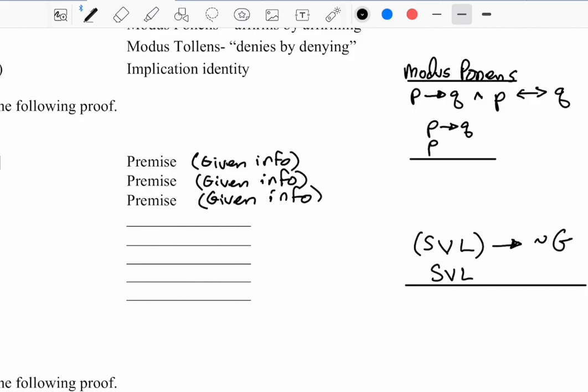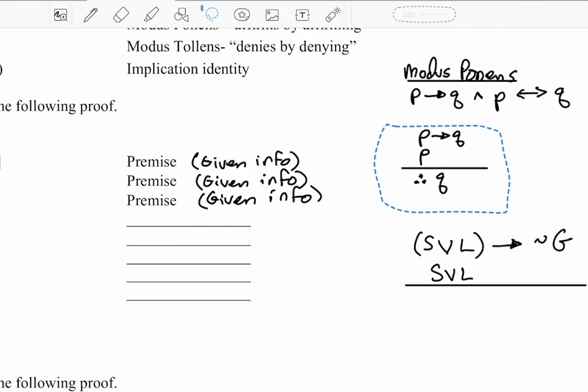If you put two pieces of information together, in this case a logic sentence and a logic statement, it's implied that there's an and there. So it's this and this. The result, three dots in the form of a triangle, means therefore, or the result is Q. Modus ponens stands for affirms by affirming.